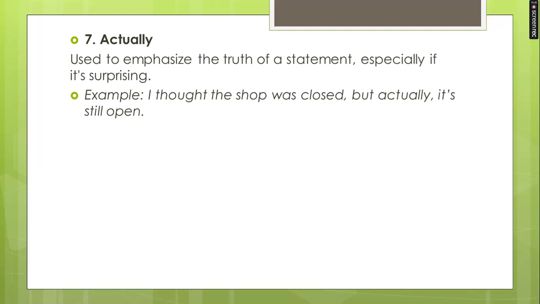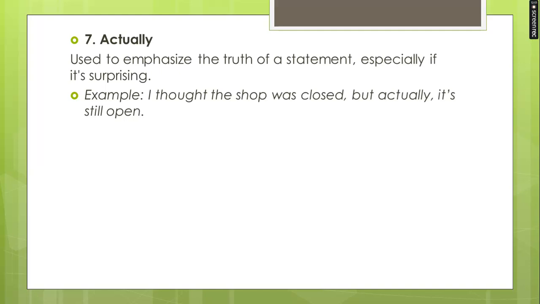So now, this "actually," we use it to emphasize the truth of a statement, especially if it is surprising. We have an example here. I thought the shop was closed, but actually it is still open.